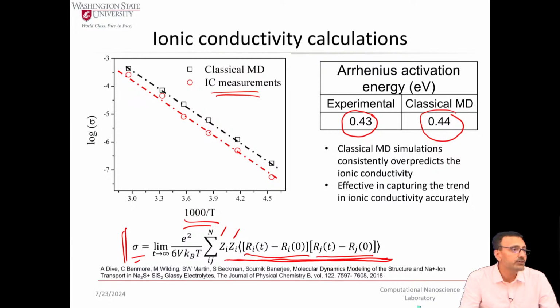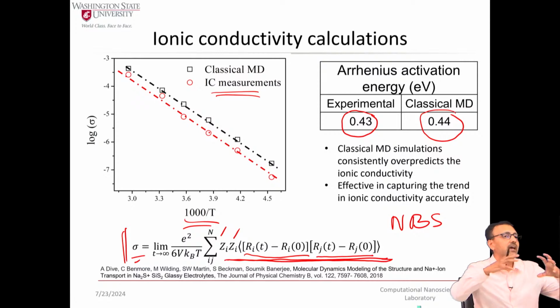Now, why are we over predicting the ionic conductivity? We did some analysis for that. Given our pair potential, what we found is that from experiments, there is quite a bit of edge shared tetrahedral structure in these amorphous structures, but our calculations were primarily corner shared. That opens up quite a bit of non-bridging sulfur atoms, which are sulfur atoms that are not connected to the neighboring tetrahedral unit.